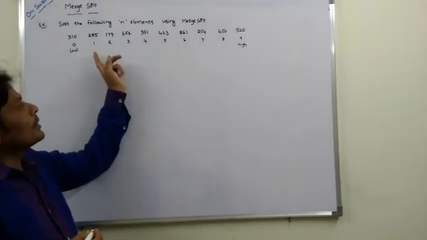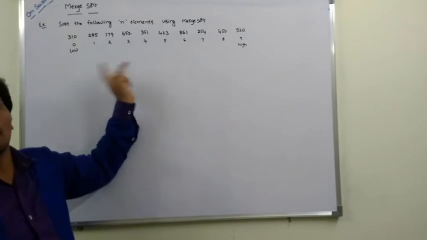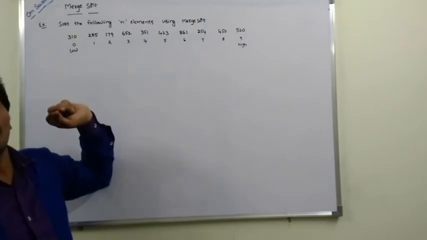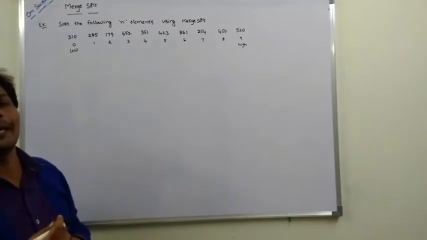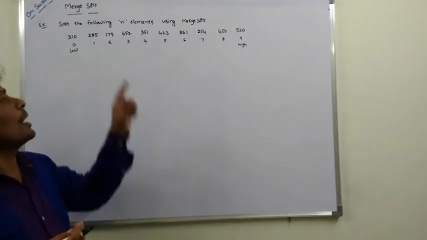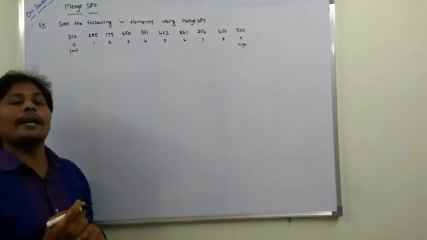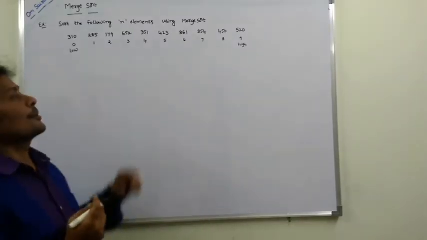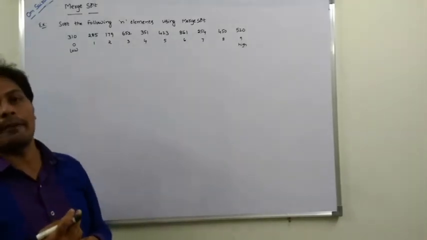Now the given list is divided into two sublists by using the mid value, where mid is equal to low plus high by 2. By using this mid value, the given list is divided into two halves: low to mid, and mid plus 1 to high.